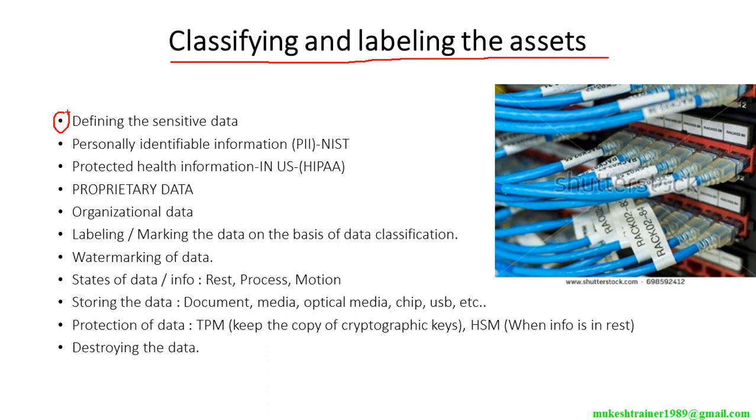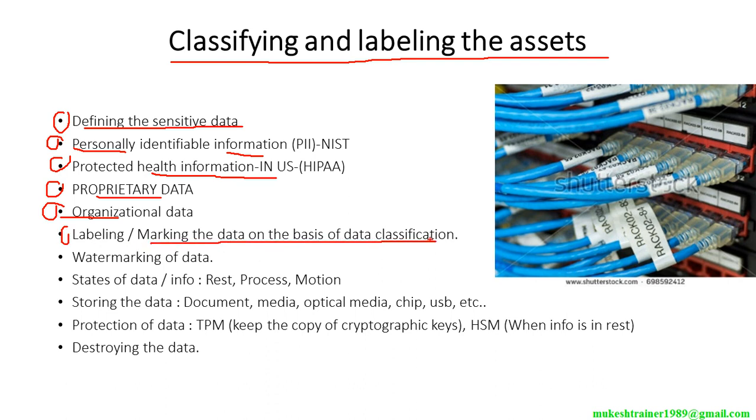The first is defining the sensitive data. Number 2 is personally identifiable information, protected health information, proprietary data, organizational data, labeling, marking the data on the basis of data classification.